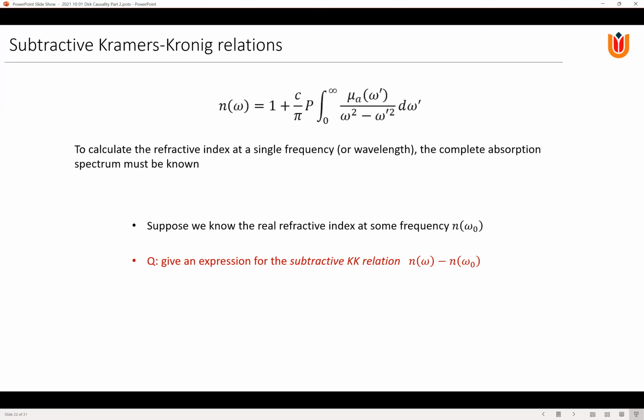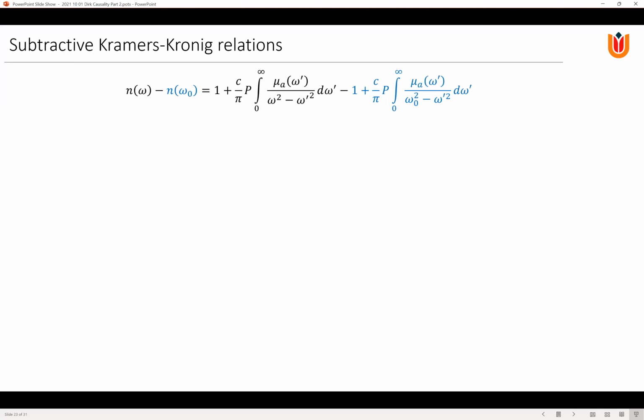The integral still runs over omega prime, so you can combine the two integrals. That really is all there is to it. In blue would be the omega 0 part, and in black is the omega part. You would substitute omega for omega 0 and lose the factor 1.